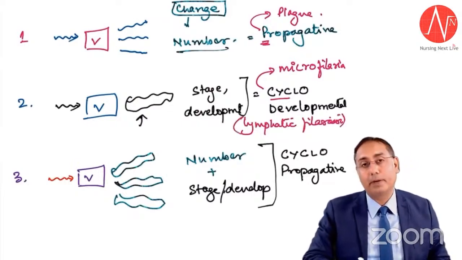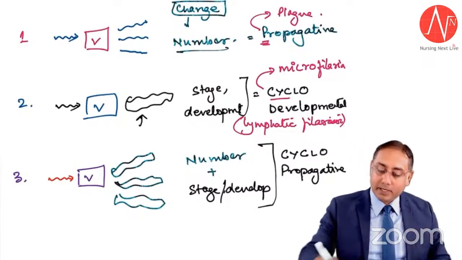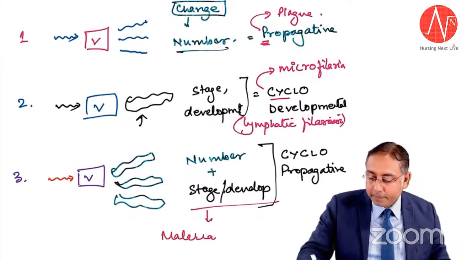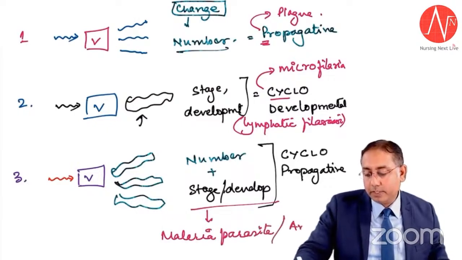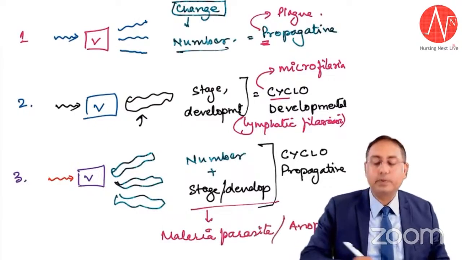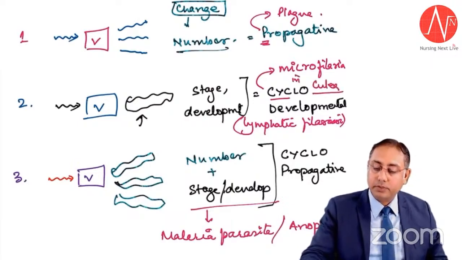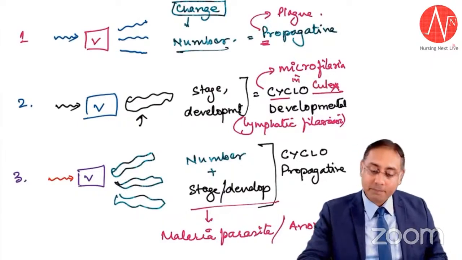Next, what is cyclopropagative? Cyclopropagative is where there is change in shape and there is change in number. A typical example for this is the malaria parasite. In which vector? In the Anopheles vector. Microfilaria in which vector? In the culex mosquito. You remember? Microfilaria in culex will cause lymphatic filariasis.